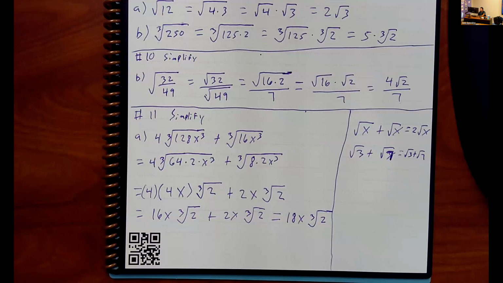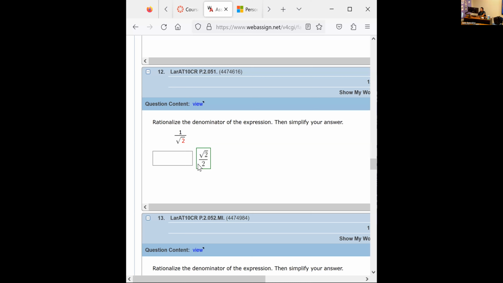Do you remember how to rationalize a radical? Whenever you have a radical on the bottom, you were always told to rationalize and get rid of the radical. So you're essentially trying to kind of square it away.